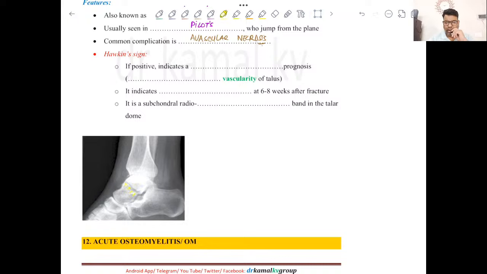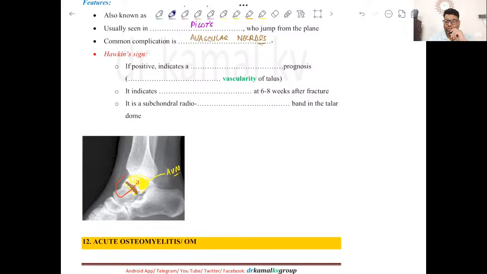The blood supply comes distal to proximal, so if there is a fracture here, it is going to disrupt the blood supply to the body of the talus, and therefore the body of talus can go into AVN.